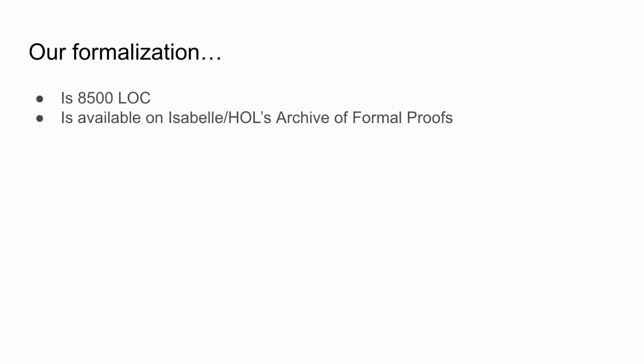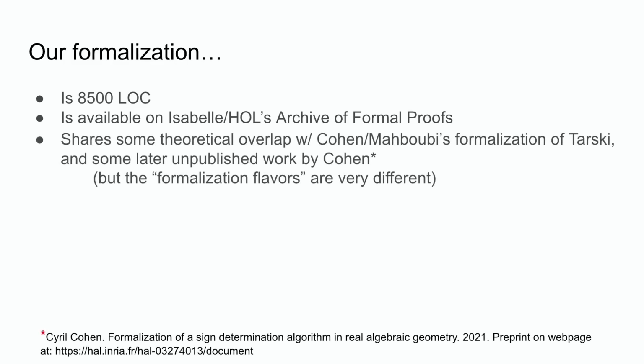Okay, I just want to give you just a few more details about our formalization so you can get more of a flavor of what we did. First of all, it's 8,500 lines of code. It's publicly available on the Archive of Formal Proofs. We do share some theoretical overlap with the prior work by Cohen and Mahboubi, who formalized Tarski's QE algorithm in Coq, and then also some unpublished work by Cohen, who looked at building reduction just into the matrix equation.